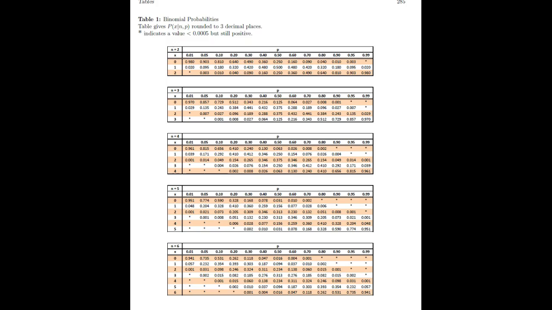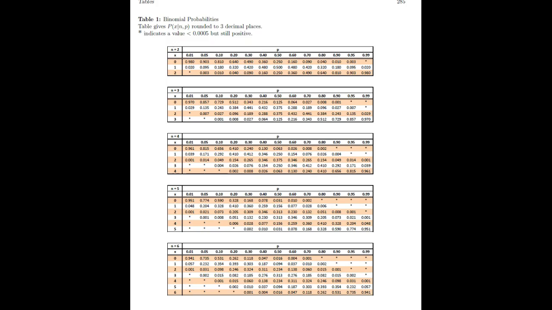You'll see they basically give a kind of a guide for probabilities. If you have 2 trials, you can find the probability of getting exactly 0, 1, or 2 successes in those trials if the probability of success was any of these numbers right here.